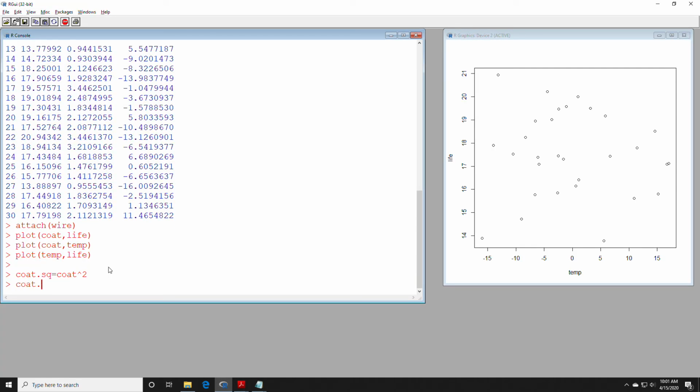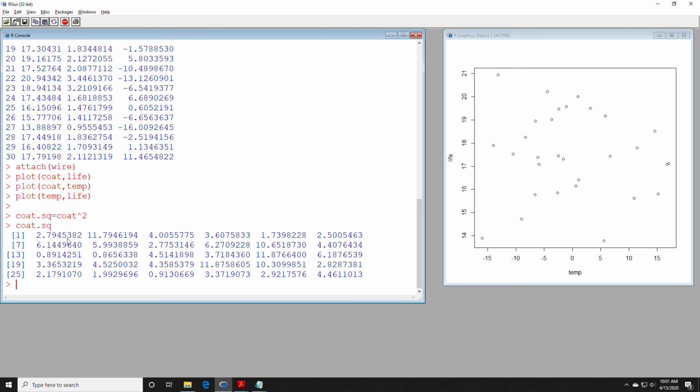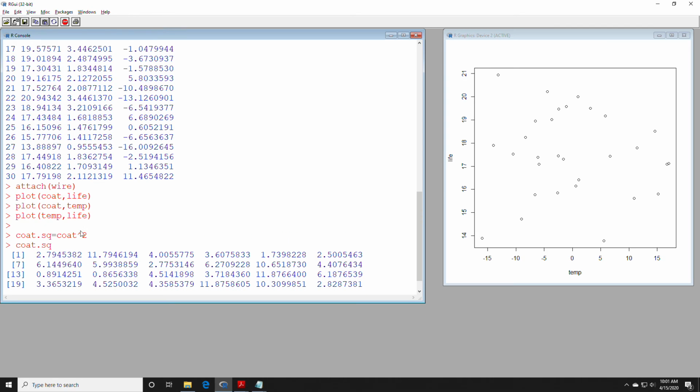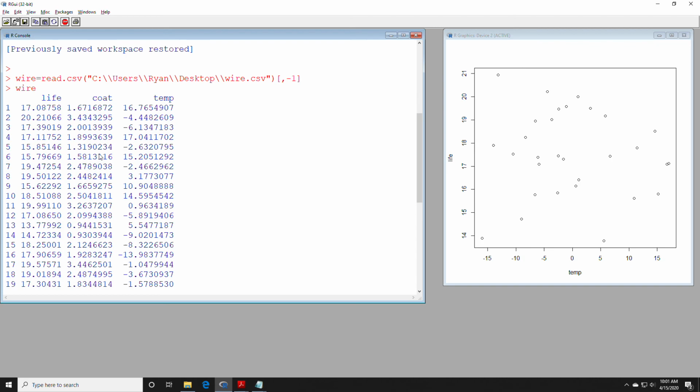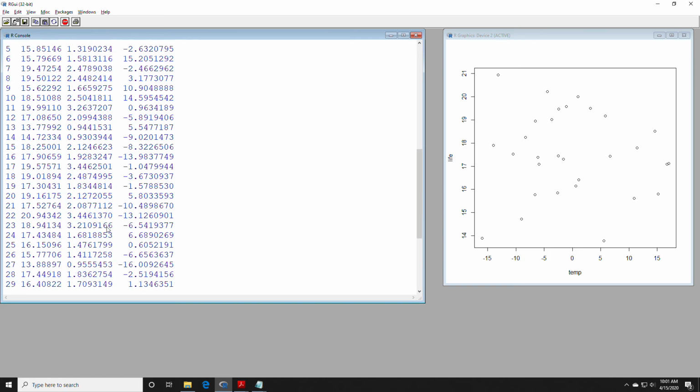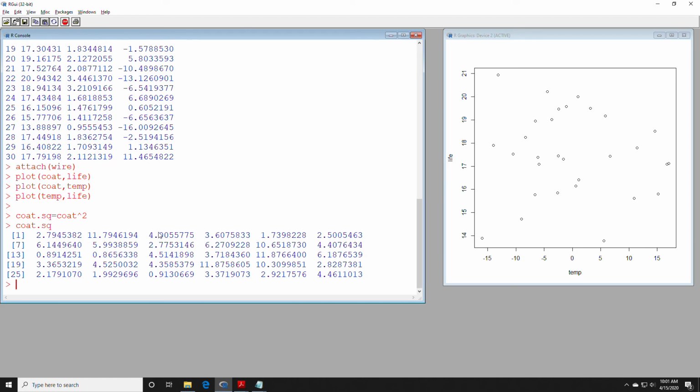And just to see, right, these should be the squared values of coding. So just looking at this third one, this should be almost exactly 4. Okay, so these are the squared values of our coding variable.